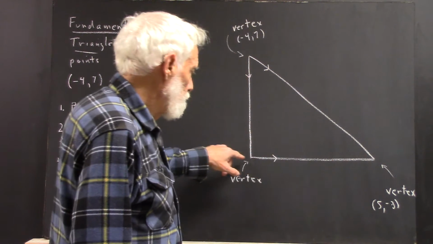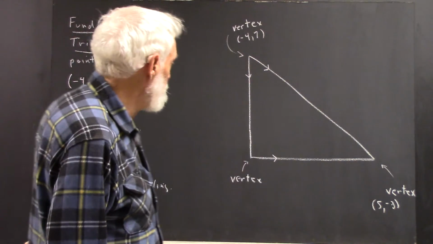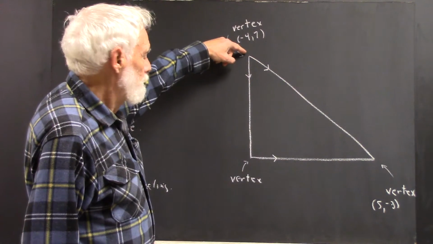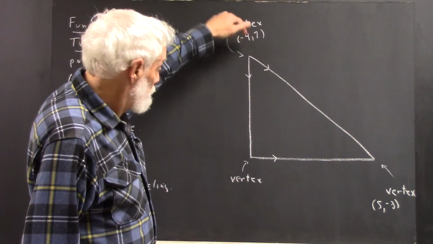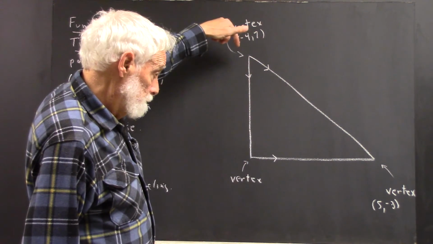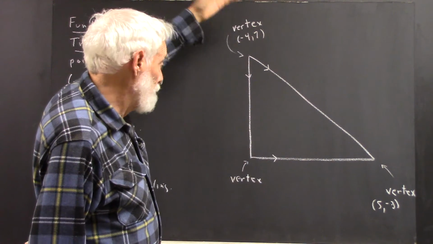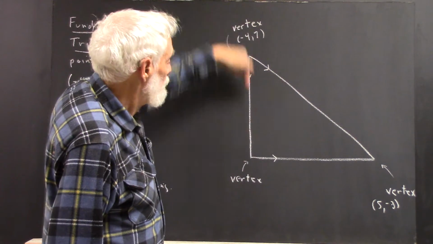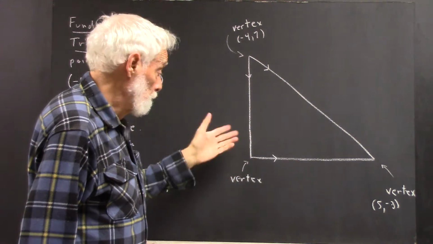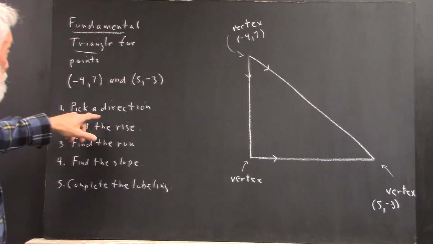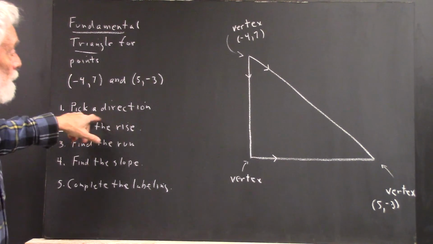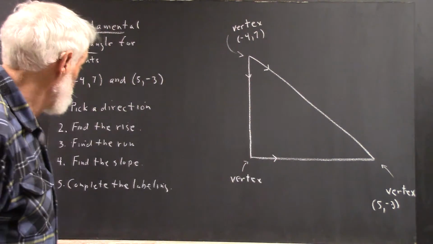I'll go through the lower of the points, the 5, -3, and that left the other leg to go through the other vertex. The vertical leg will go through this vertex. Okay, so we pick a direction, and I've picked a direction, so that part's done.